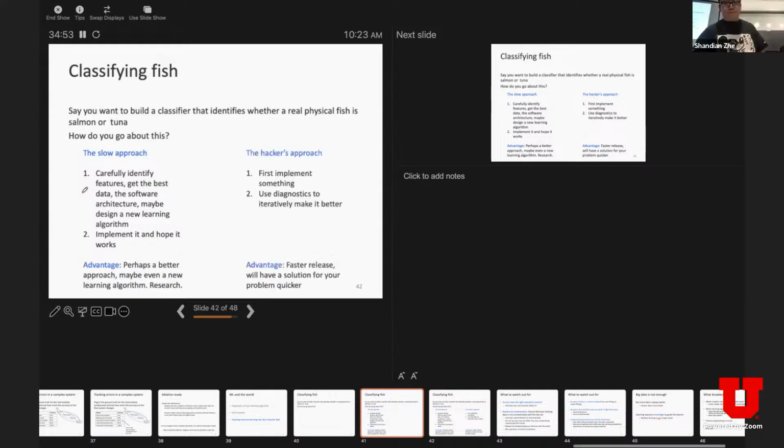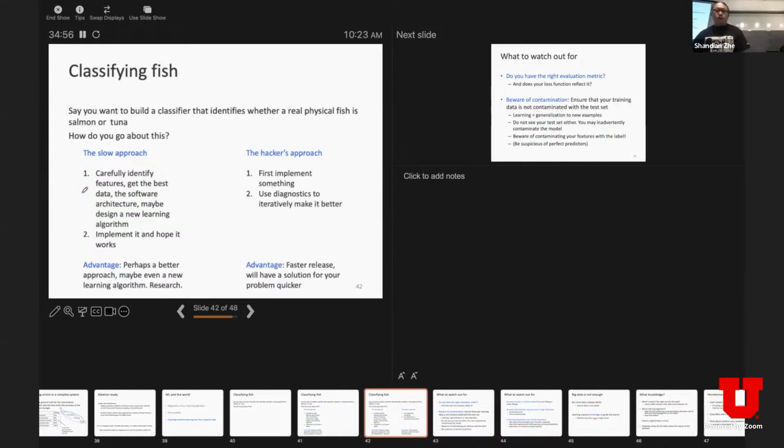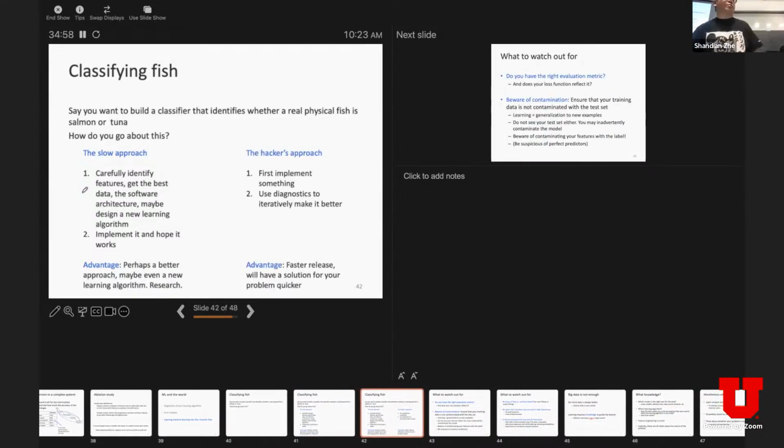That's why in practice, people often choose the so-called hacker's approach. We first implement something and do a fast deployment. Then through deployment, we find problems. Then we use the diagnostic and error analysis tricks we have discussed to find out problems and iteratively improve this.